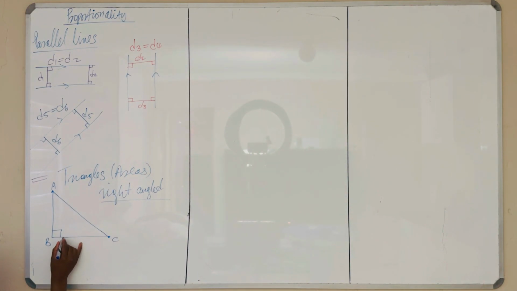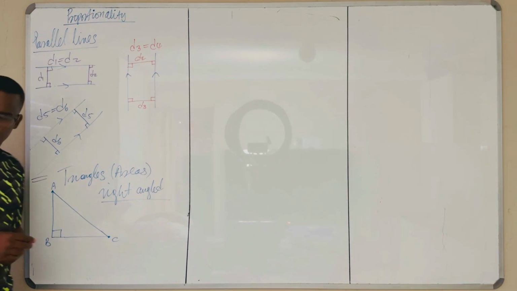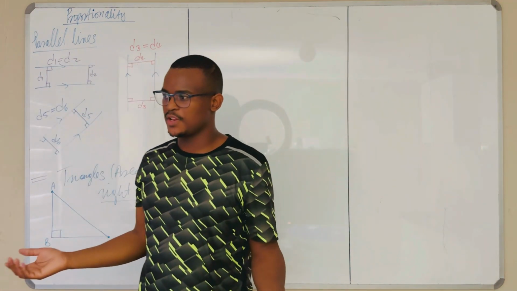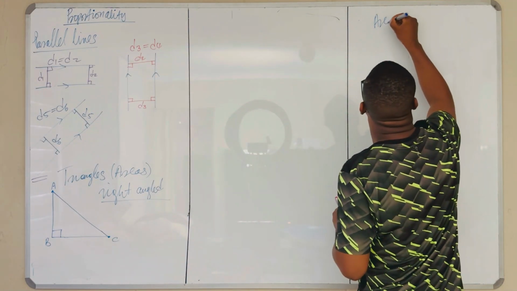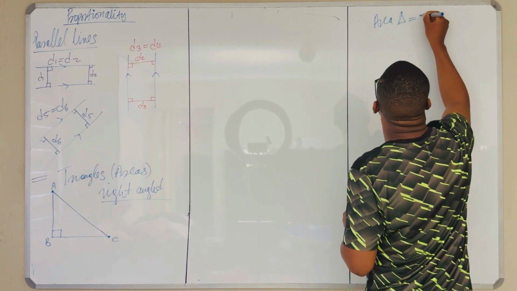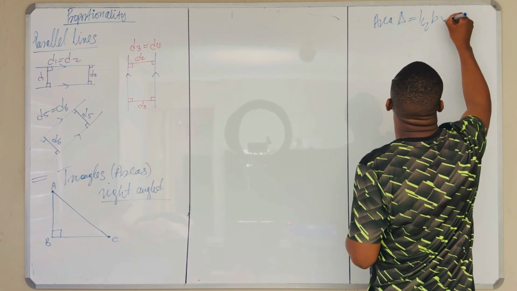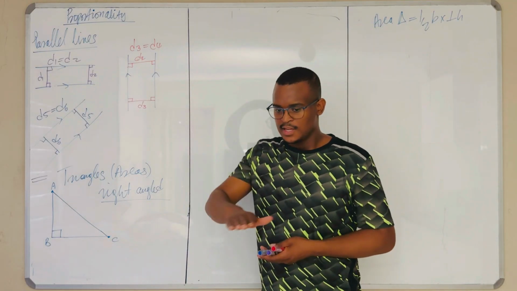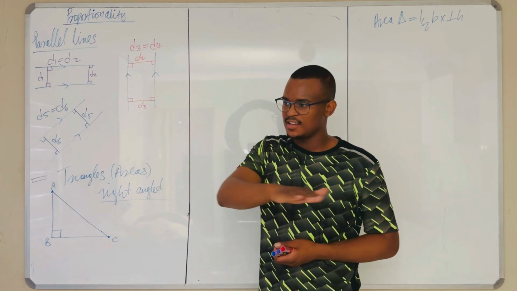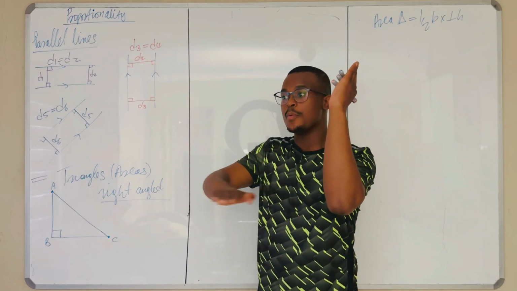So, do you know how to calculate an area of a triangle? Yes. It's half base times perpendicular height. So if you want to find the area of a triangle, it will be half base times the perpendicular height. What is the base? It's whatever your triangle is sitting with, right? Yes. Times the height that will be perpendicular to that.